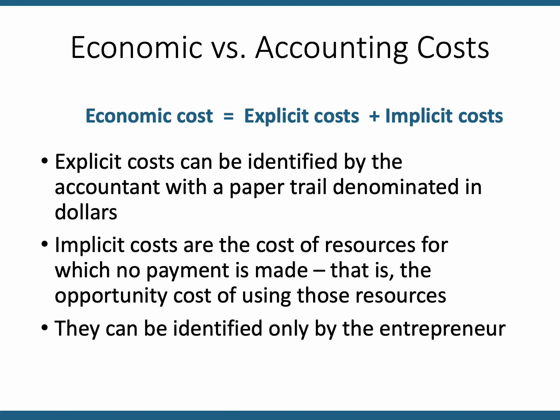And again, explicit costs can be identified by an accountant with a paper trail denominated in dollars. Implicit costs are the cost of resources for which no payment is made, and so they're oftentimes estimated, but you do need to account for them and include them in your economic costs. We're going to spend time talking about this in the next couple of chapters.